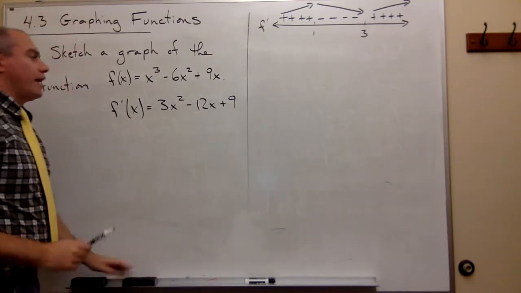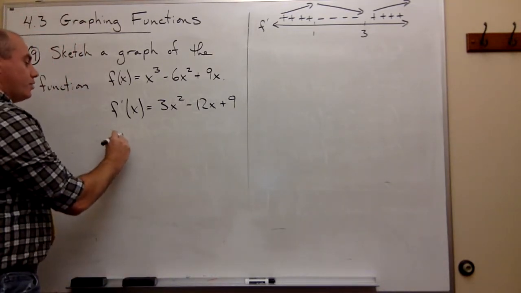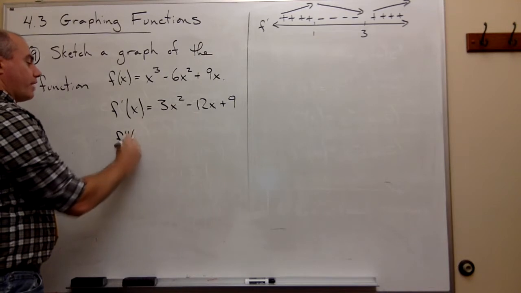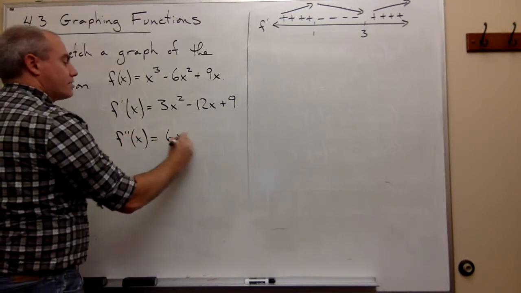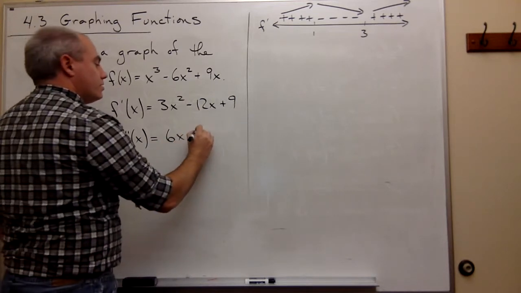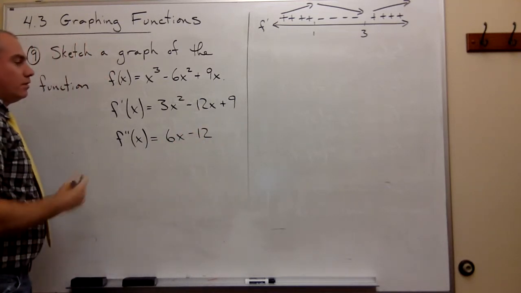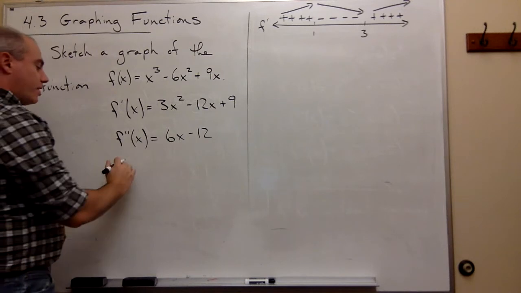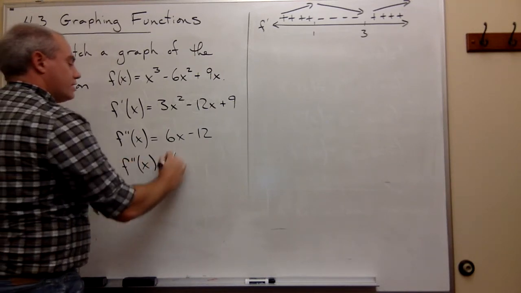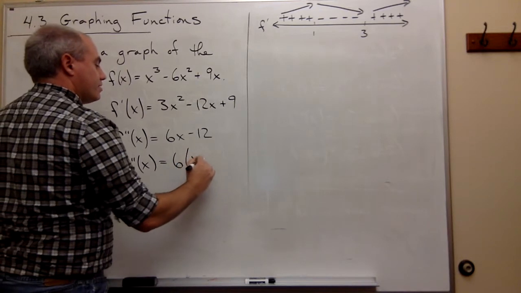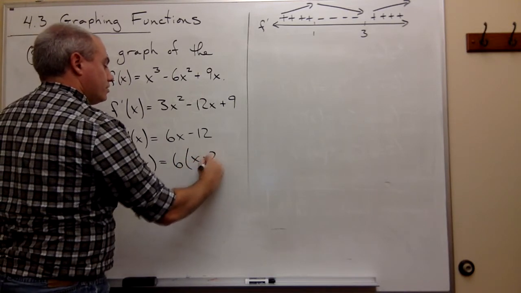And now let's look at the second derivative. So I get f double prime of x is equal to 6x minus 12. Of course, I could factor out a 6, right? So f double prime of x is equal to 6 times x minus 2.